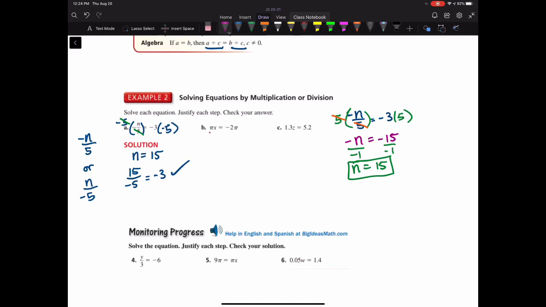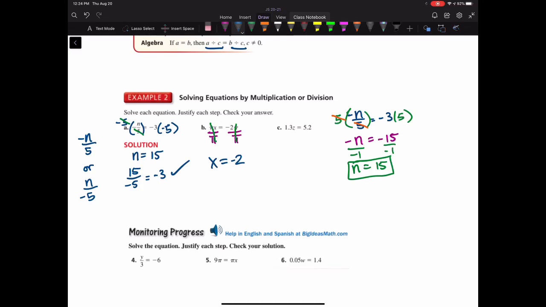So the inverse operation of multiplying by pi would be dividing by pi. And so on the left, inverse operations cancel, and you're just left with your x. On the right, you also have a pi. So again, inverse operations happen to cancel, and so therefore you're left with an answer of -2.